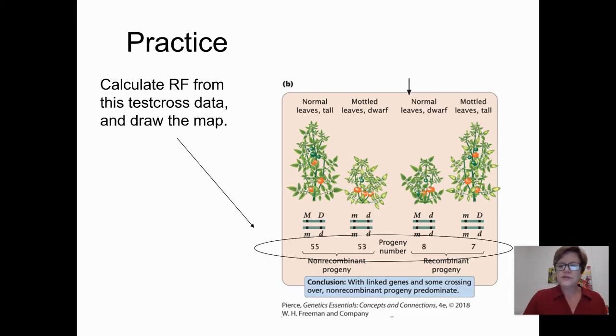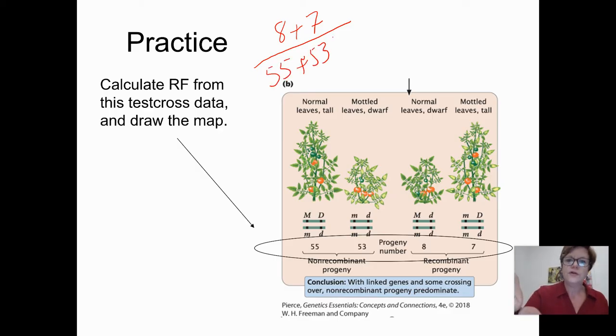The two smaller numbers represent the recombinant offspring. So you're going to add those together, because we want to determine recombination frequency. And then you're going to divide by the total of all the offspring together. And then I need a calculator.